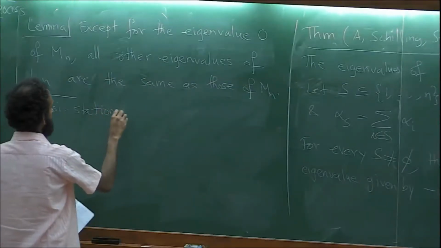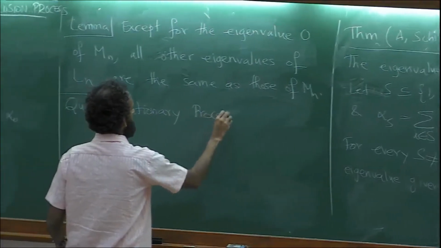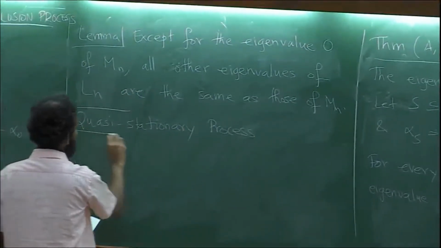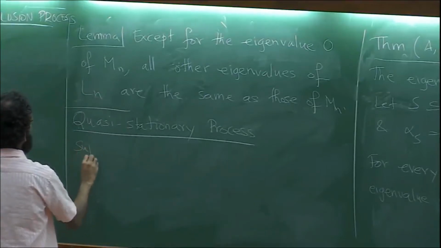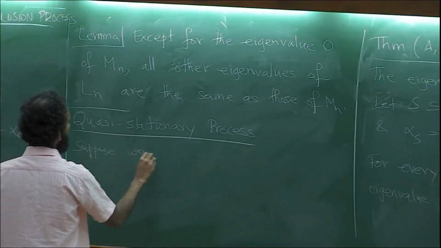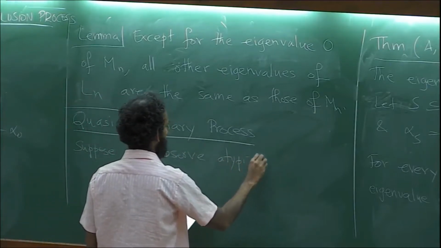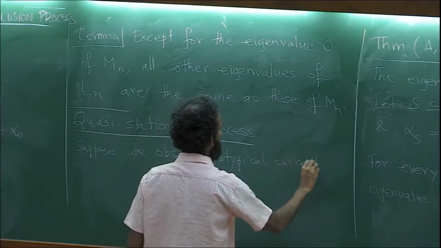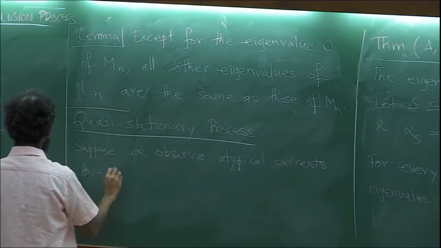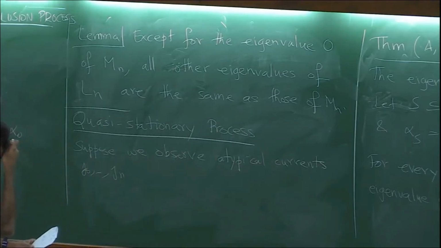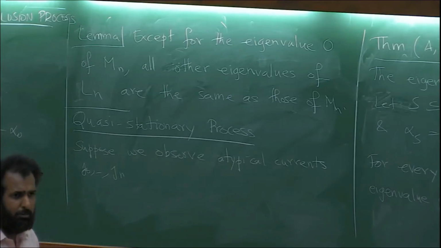We can construct the quasi-stationary process. So suppose we observe atypical currents J0 up to Jn over a long time.